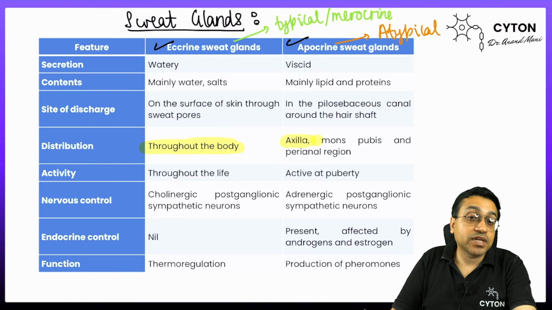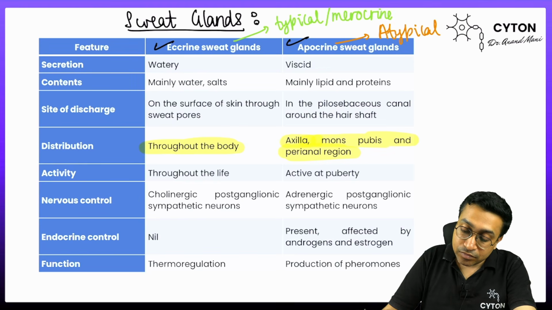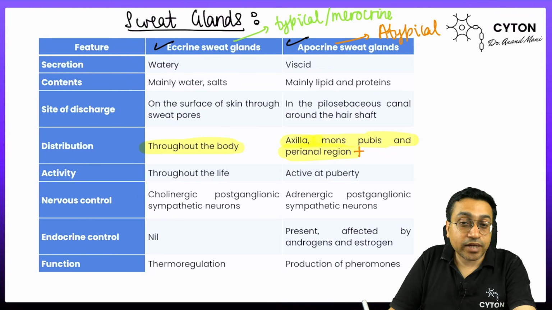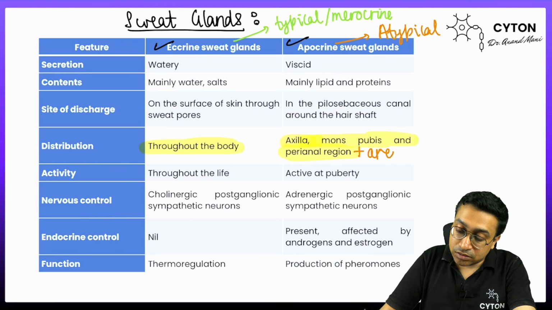Then you have the skin around the anal opening, the external genitalia, all that part: axilla plus the areola, nipple.